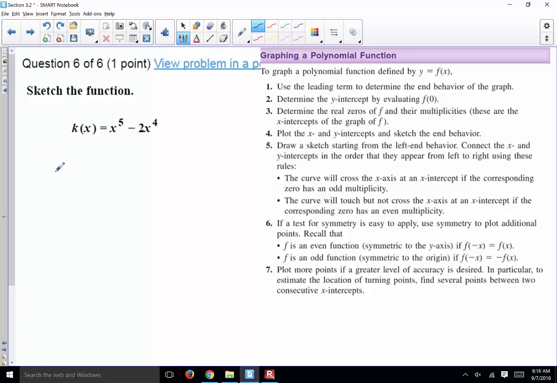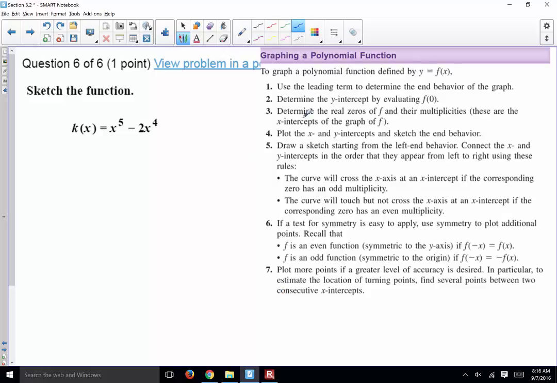It doesn't have to be perfect. These are again rough sketches. We roughly look at its shape, but you can make it better and better if you just take several more points and check their coordinates. But this is just for rough sketching purposes.